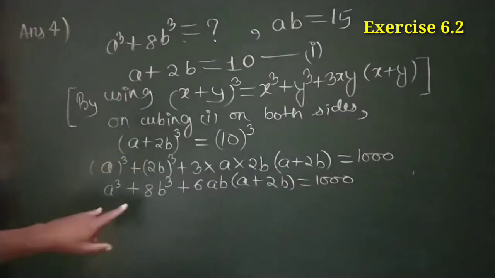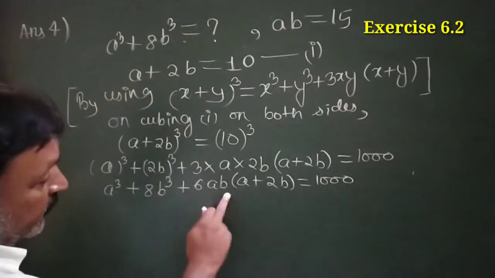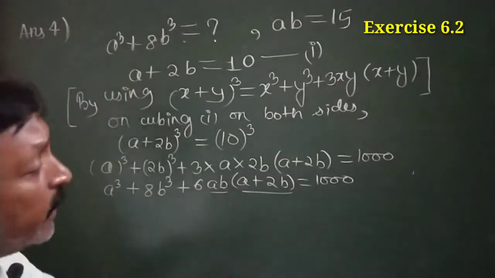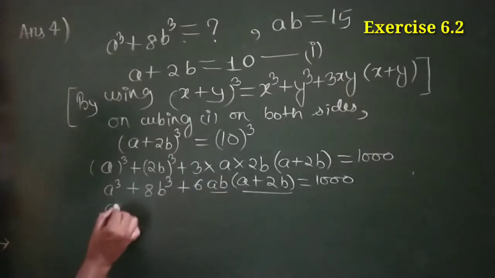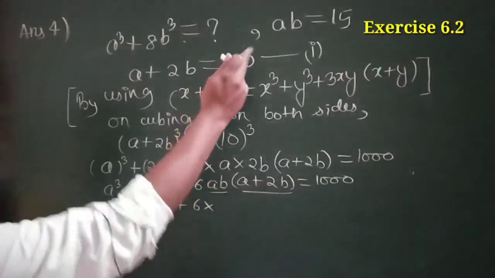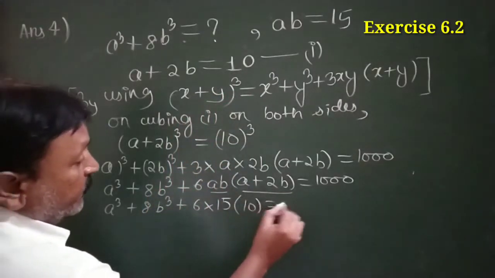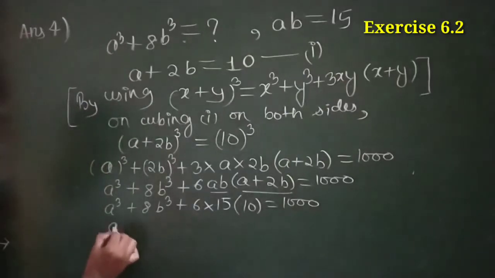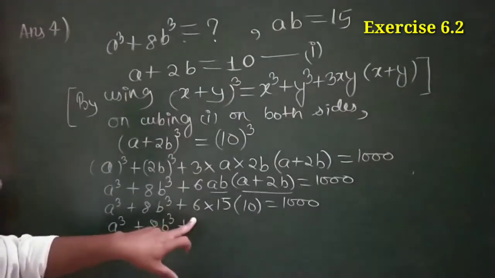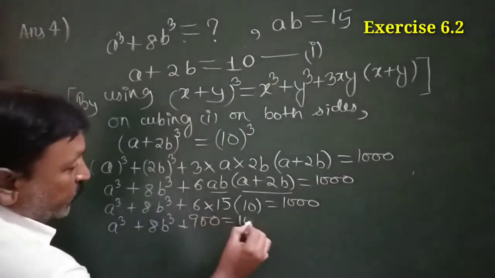Okay, just see it. We have to find out the value of a cube plus 8b cube. It means in place of ab and in place of a plus 2b we have to substitute the values which are given in the question. Okay, a cube plus 8b cube plus 6 into ab, which is 15, a plus 2b, it is 10, is equal to 1000. a cube plus 8b cube plus 15 into 6, it is 90, and 90 into 10, it will become 900, is equal to 1000.